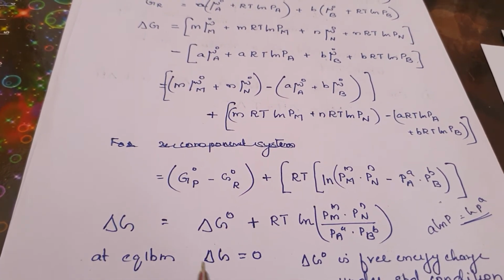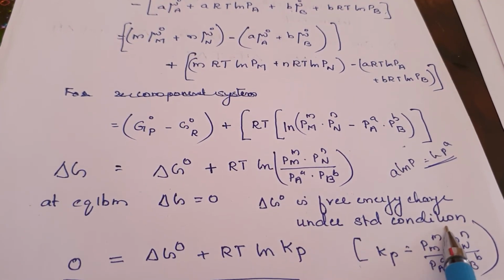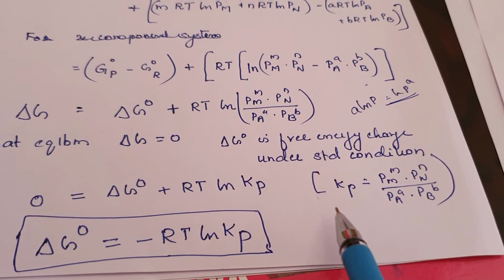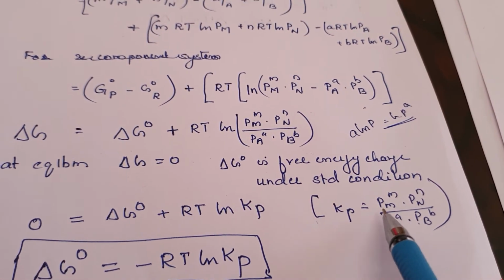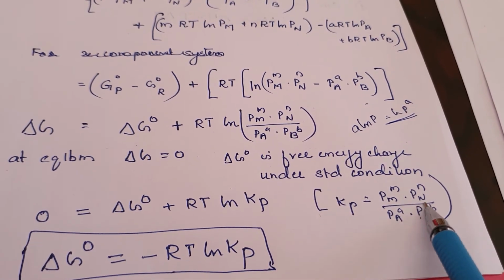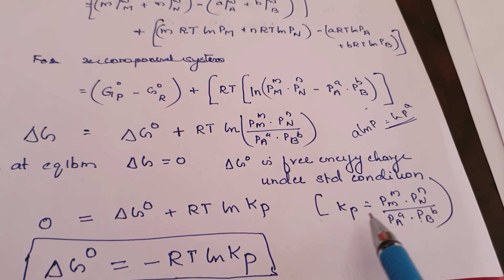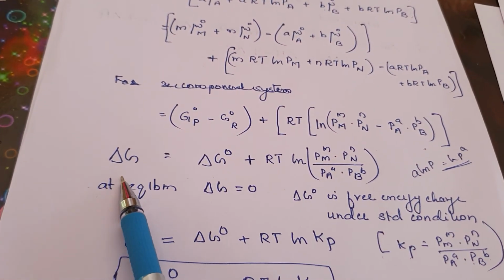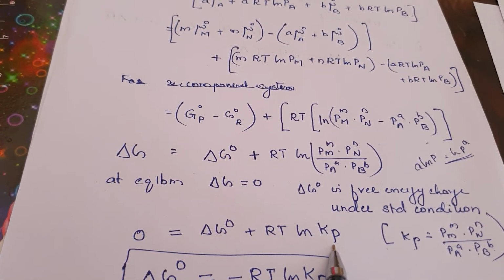And this delta G naught is the free energy change under standard condition. Now we'll substitute this. We know Kp, the equilibrium constant in terms of pressure, is Pm raised to M into Pn raised to N divided by Pa raised to A into Pb raised to B. So this expression will become delta G is equal to delta G naught plus RT ln Kp.